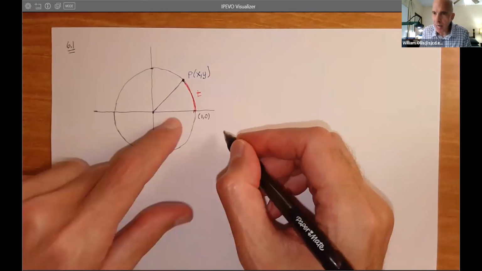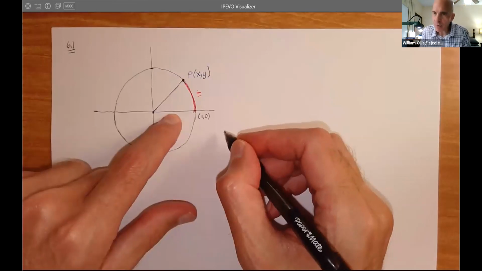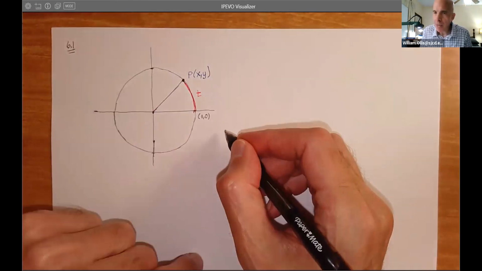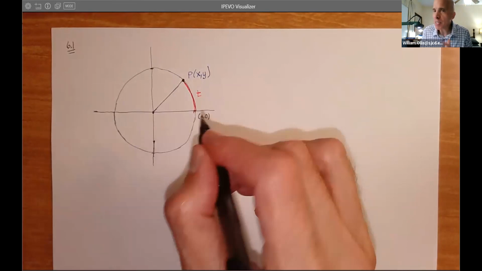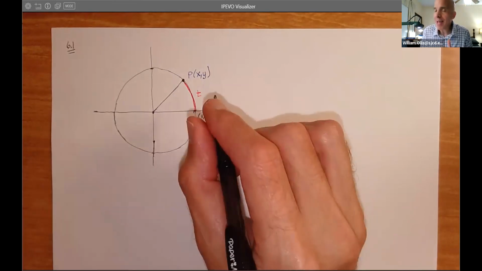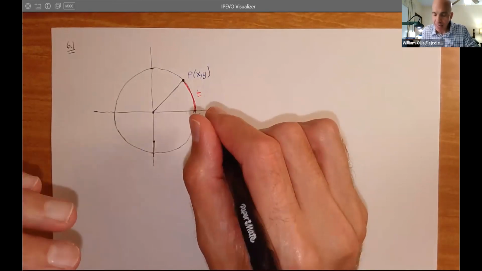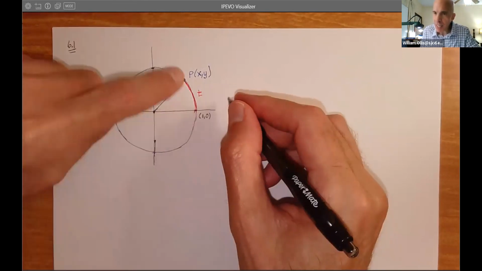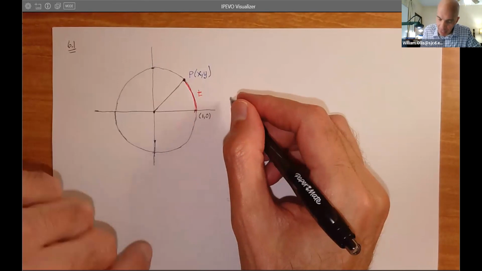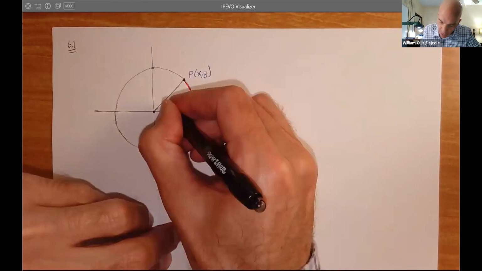Right here we have a radius, it's 1, and then we have another radius, it's 1. And so the abstraction is this: we're going to define the angle as the basic distance in terms of T between these two radii. And so we can just put T here.